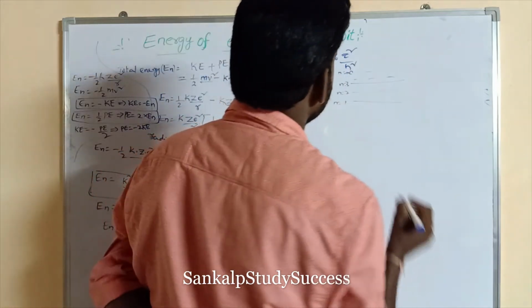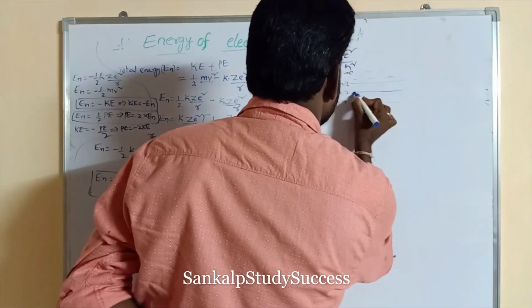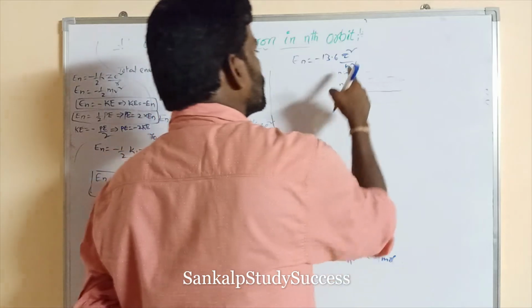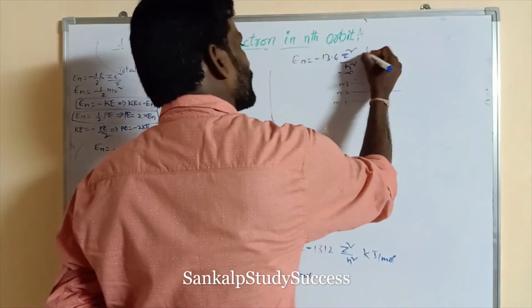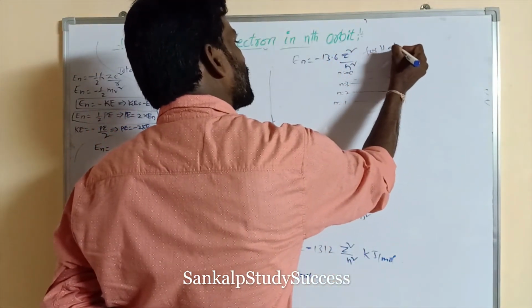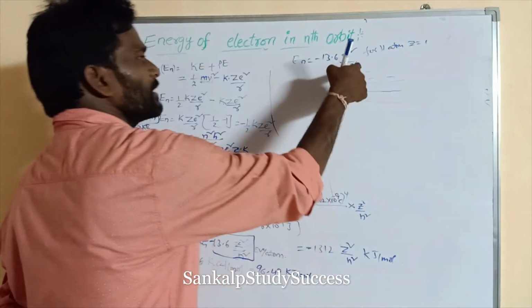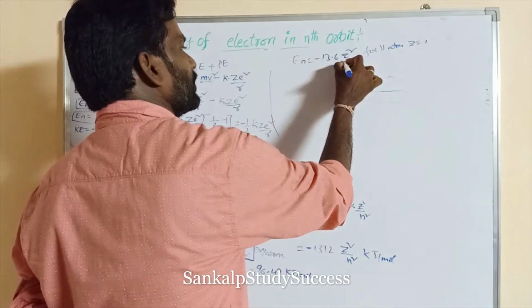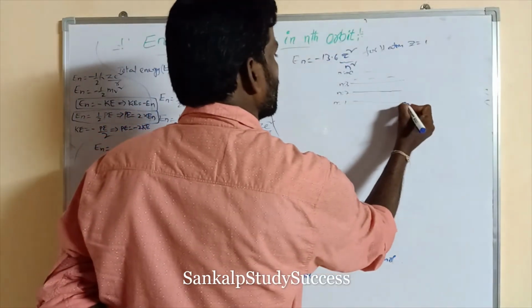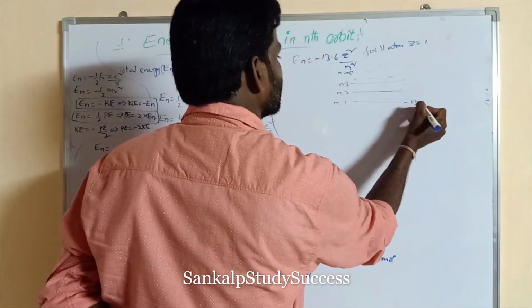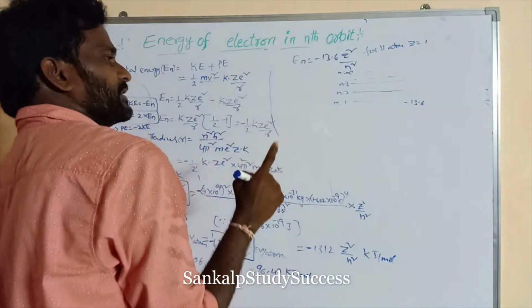What happens? Listen to me. For the hydrogen atom, Z is equal to 1. So if n is equal to 1 and Z is equal to 1, how do we write its equation? Minus 13.6 into Z square, 1 square, by n square, 1 square.